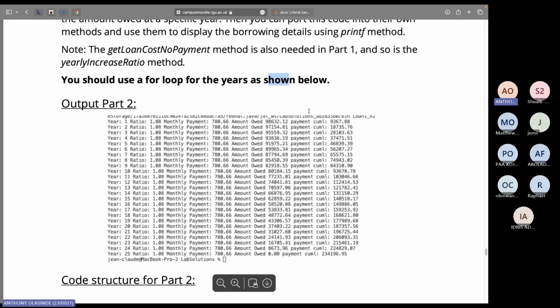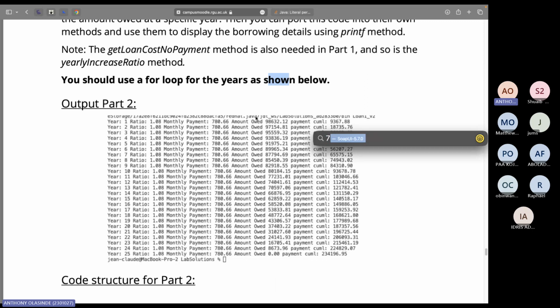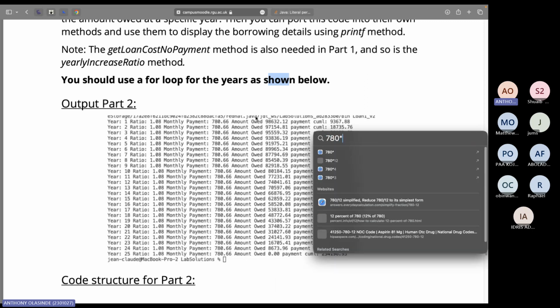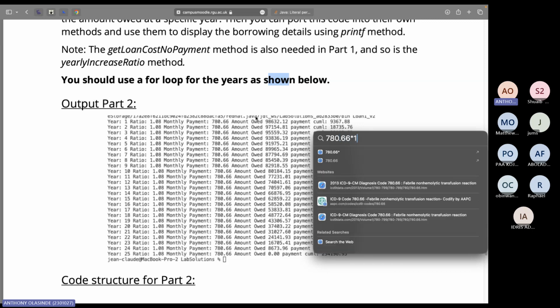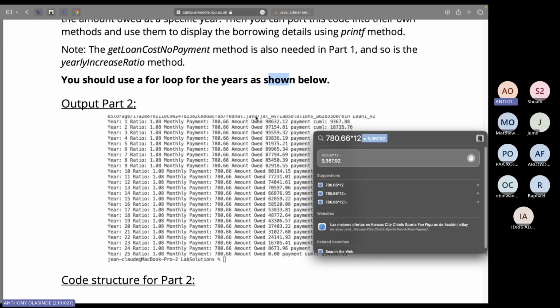This should be 780 times 12. Let me see. 166 times 12. Yep, that's it.